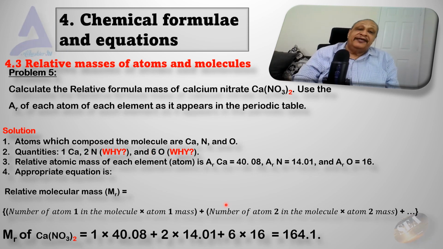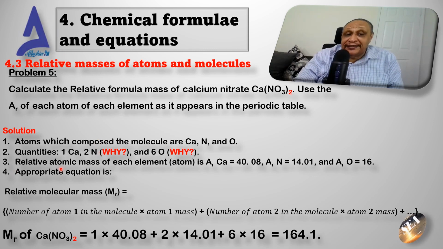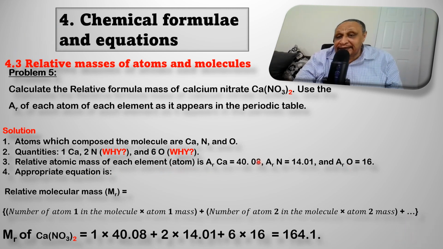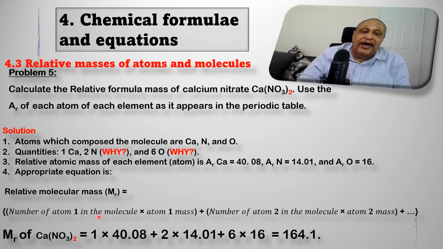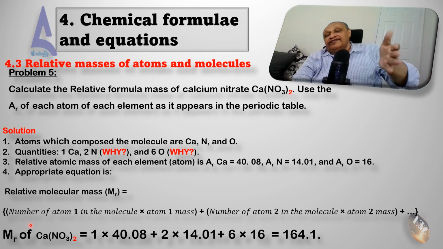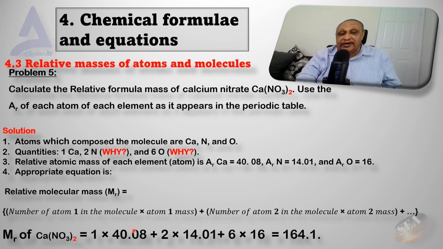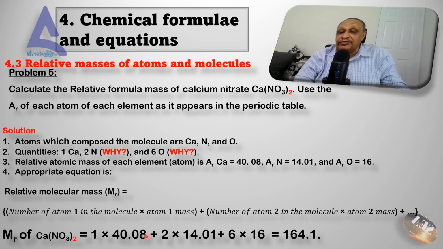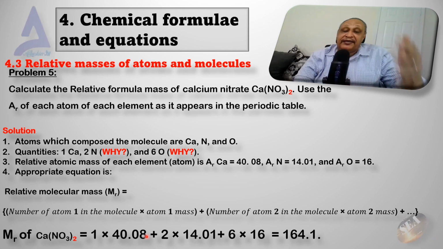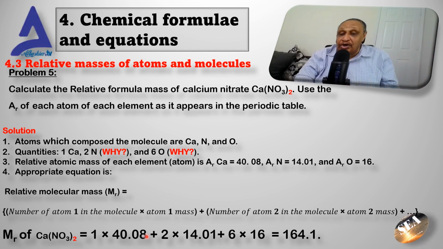Now I have determined those 2 things. The last thing is to determine the relative atomic mass of each element, and it is like this here. I bring those from the periodic table. Then you put in the relative molecular mass equation: the number of atom 1 in a molecule multiplied by its mass, plus the number of atom 2 in the molecule multiplied by its mass, and so on.